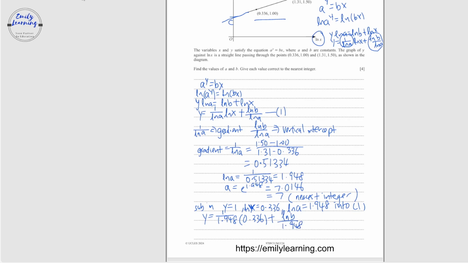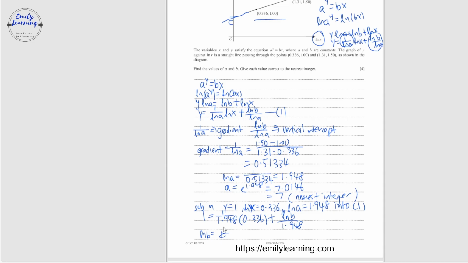Okay, I should also sub in this one here. Okay, so what we need to do is find what is ln B, and from there find B. So it'll be 1 minus this, okay, then the whole thing times 1.948. So ln B is equals to 1 minus this. So what is this equals to?